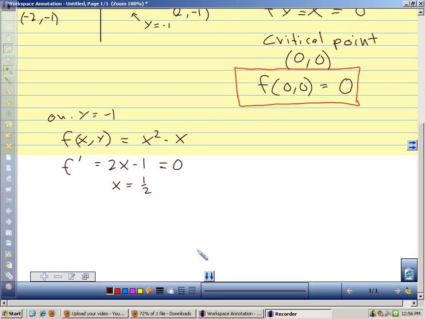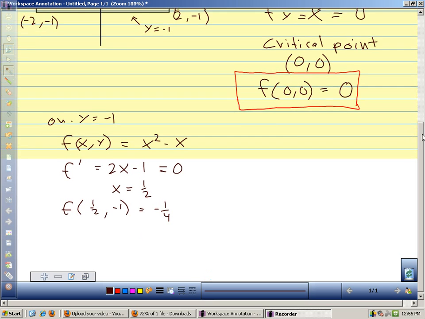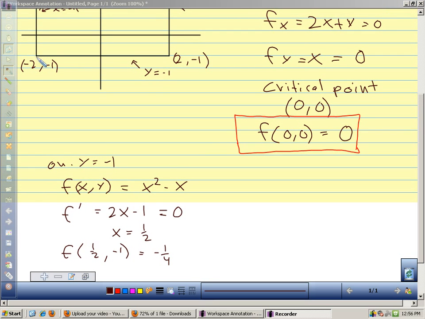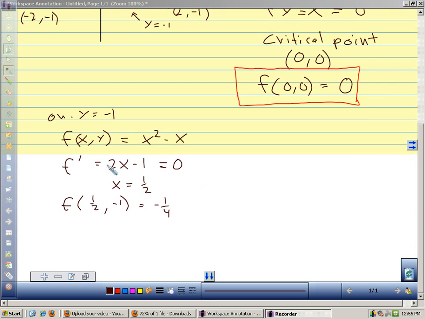When x equals 1/2, and we're on the boundary y equals minus 1, so f of 1/2, minus 1 equals minus 1/4. And we also need to look at the edges of our boundary on each vertex to see if that gives us an extreme value also. So we're looking for the extreme value on a bounded interval, we have to look on the interior, and we have to look at the endpoints.